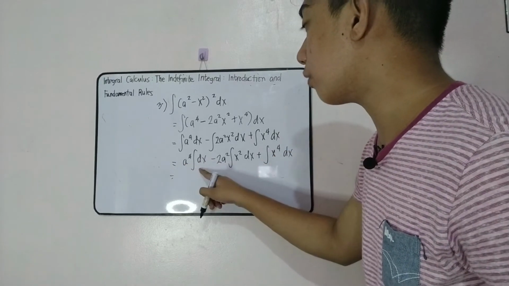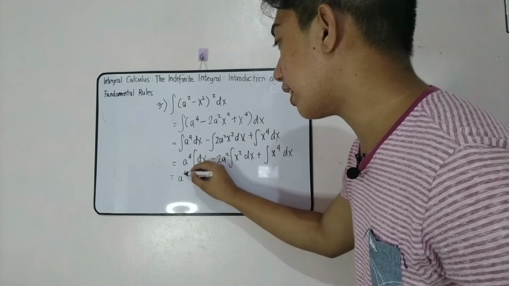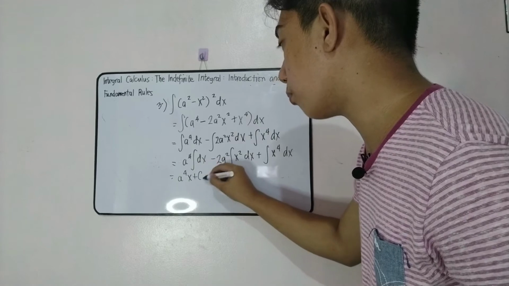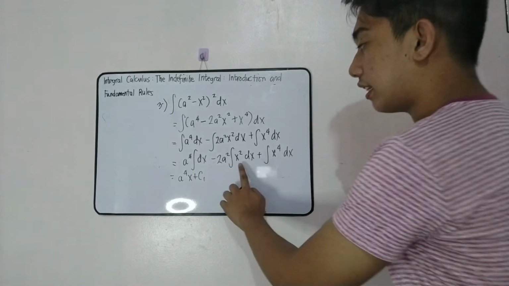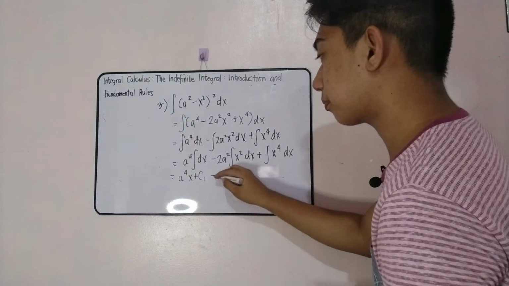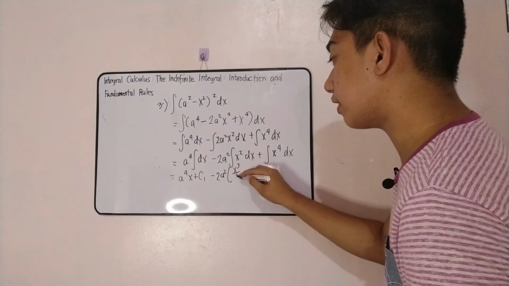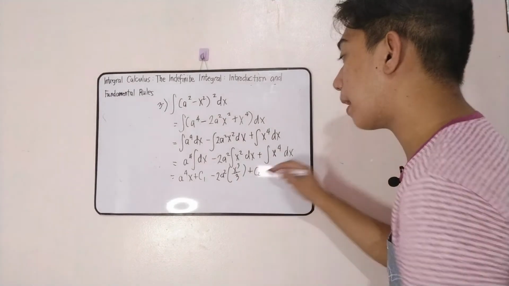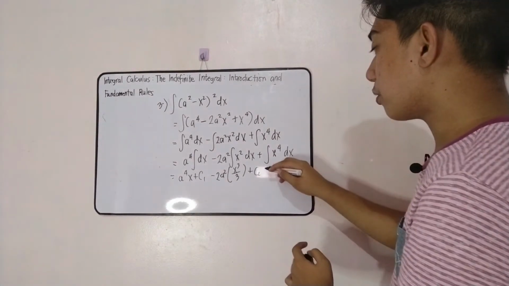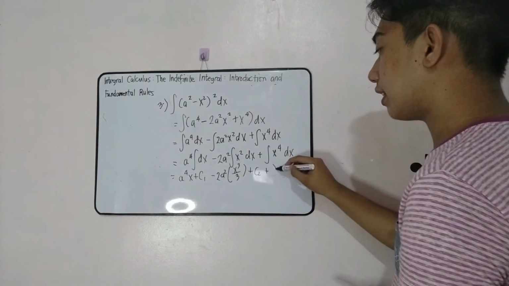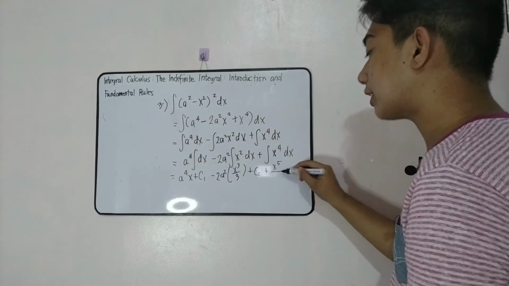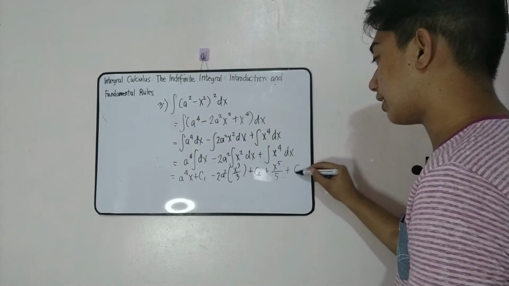Then, for this one, rule number 3, so this becomes a raised to 4x plus c sub 1. This one, the integral of this is 2a squared times x cubed over 3 plus c sub 2 by power rule, di ba? The other one, the integral of this one is by power rule again, x raised to 5 over 5 plus c sub 3.